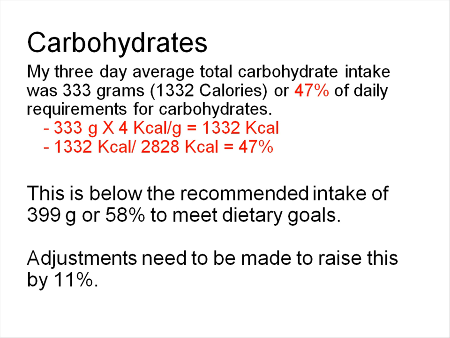The first thing I would want to do is determine what my simple sugar intake is, and once I determine that percentage and make adjustments so that it meets the goal, then I can use that percentage to determine what my complex natural sugar needs to be to get up to that 58%.